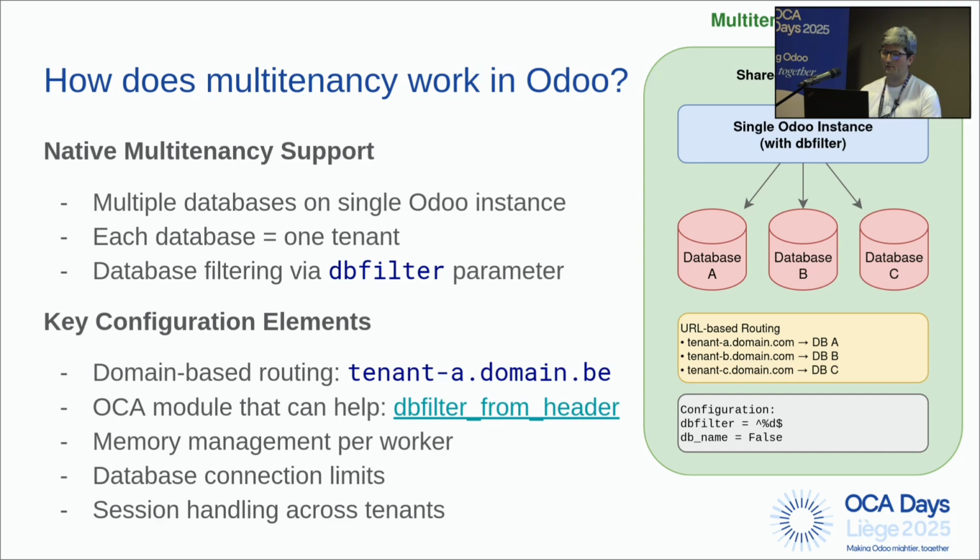There is also a good OCA module that we don't use at iMio, which is DB filter from header, for cases where databases can't be mapped to subdomains. We don't use it, but it can be very helpful. Critical considerations include memory management per worker, database connection limits to avoid overwhelming PostgreSQL, and proper session handling to maintain isolation between tenants.